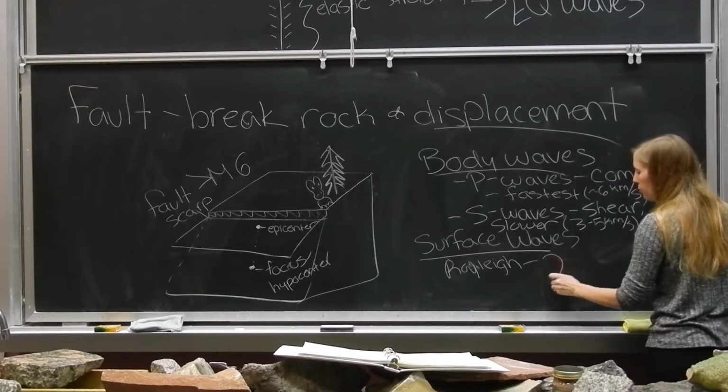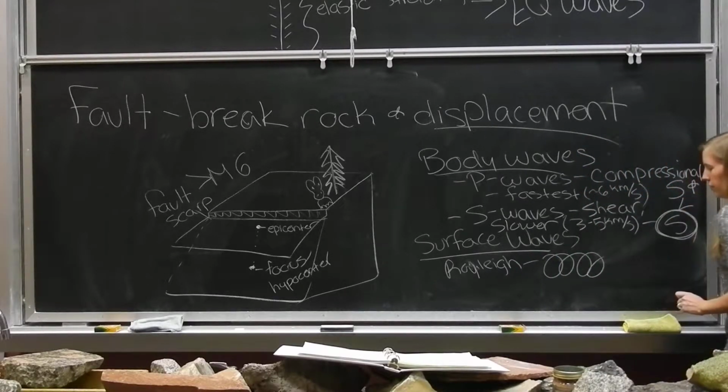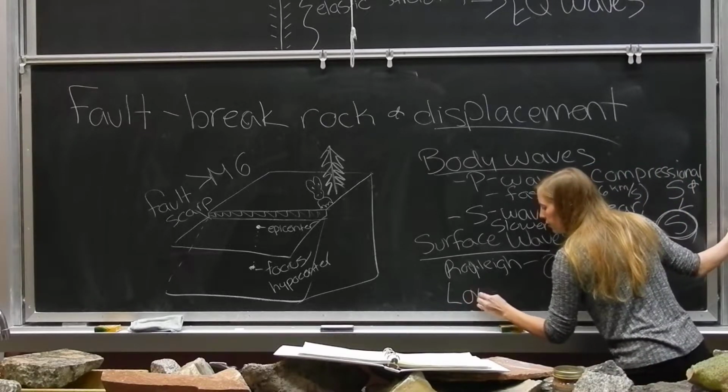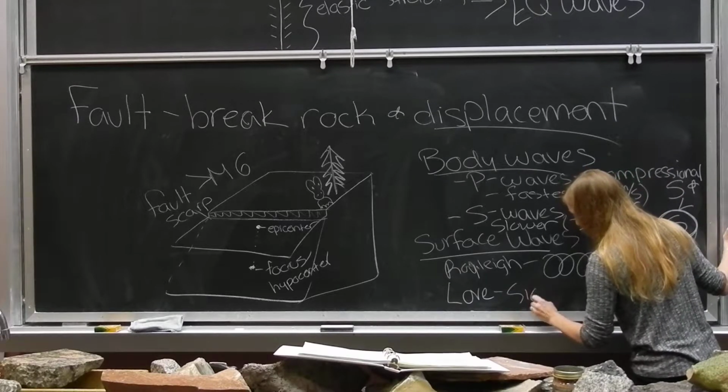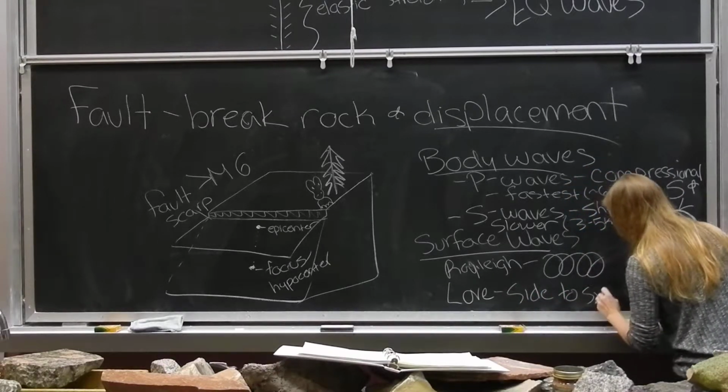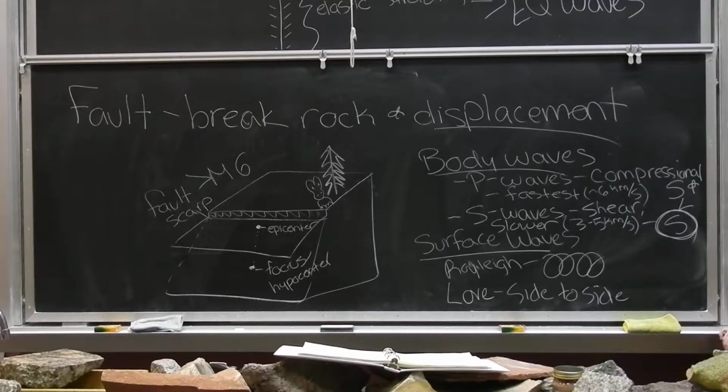Right, these are the elliptical ones. And then we have our Love wave. Side to side. These are the side to side waves. And these travel about 2, maybe up to 5 kilometers per second. And these are the slowest.